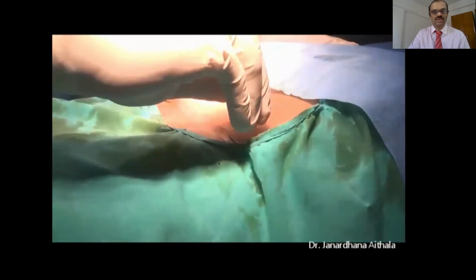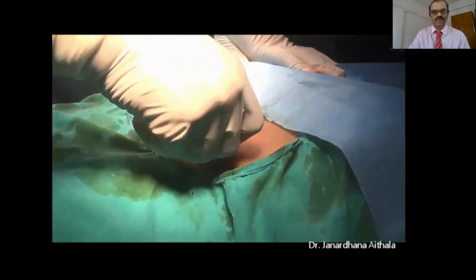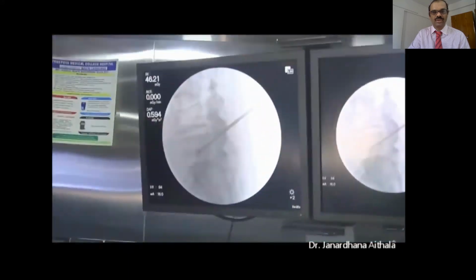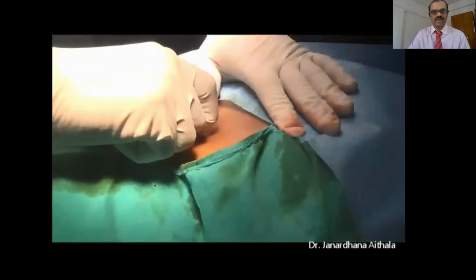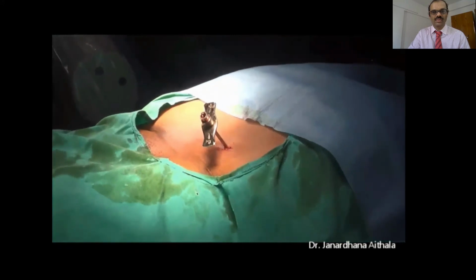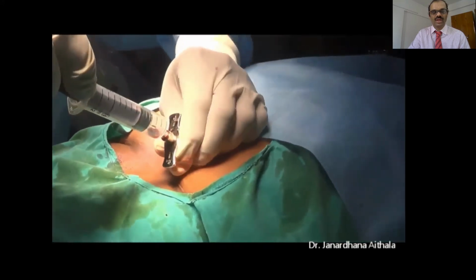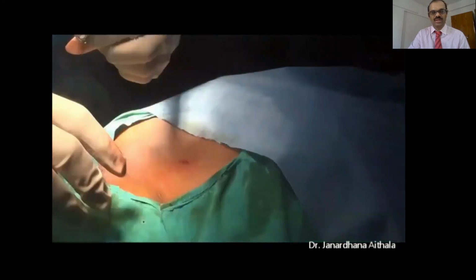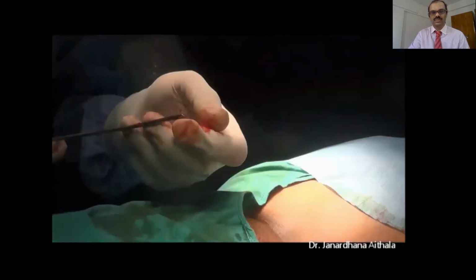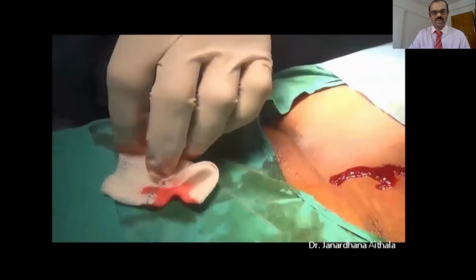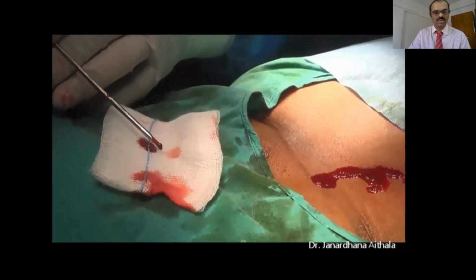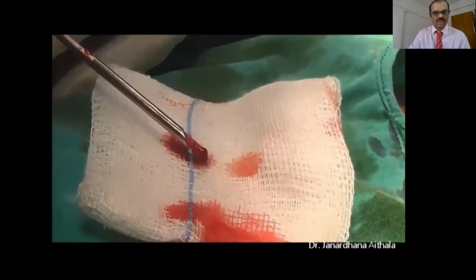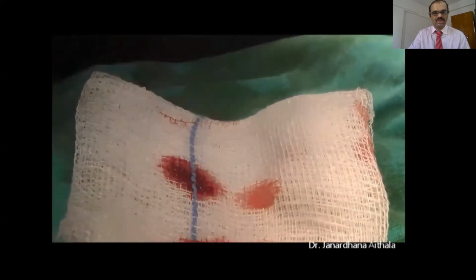At this stage, you can do a little bit of twisting movement so that the bone is caught there, and remove it. You can aspirate also to see if there is any pus. So the needle is removed now, and you can see a large chunk of bone is caught in the needle.